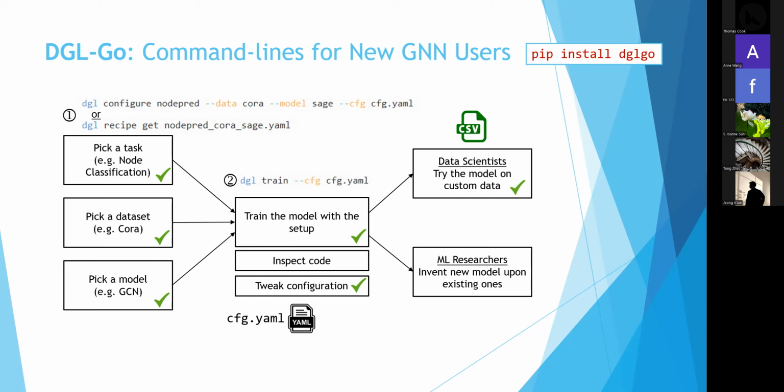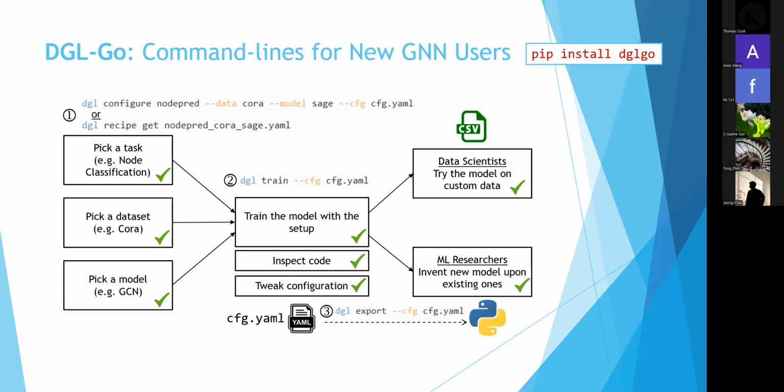For ML researchers, we know that many of you want more flexibility, want to look at what's under the hood. So that's why we provide a third command called DGL export, which from the configuration file will generate a self-contained and reproducible Python script that you can download to get the result.